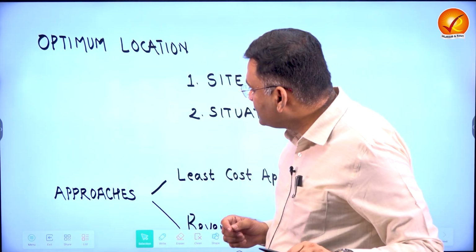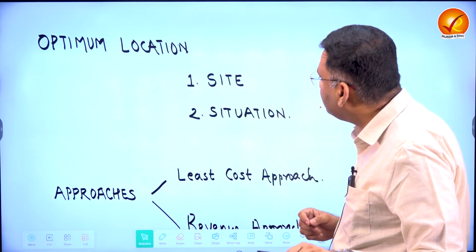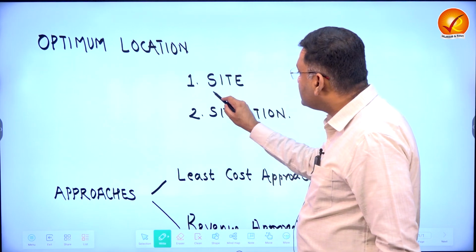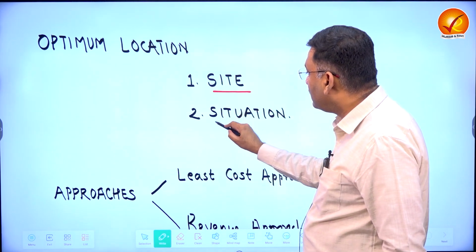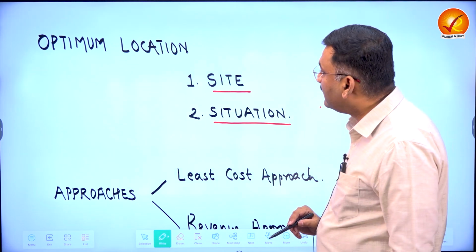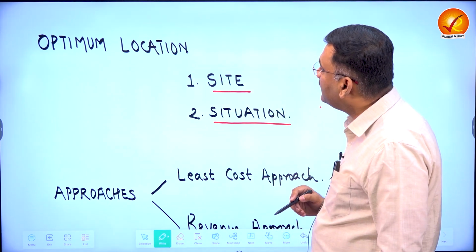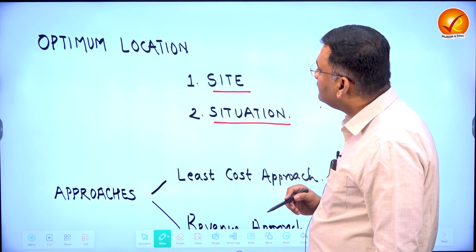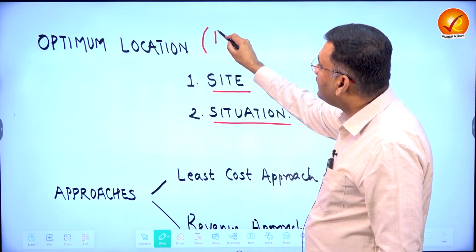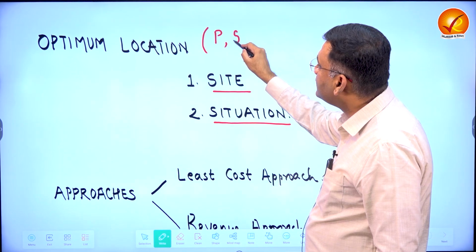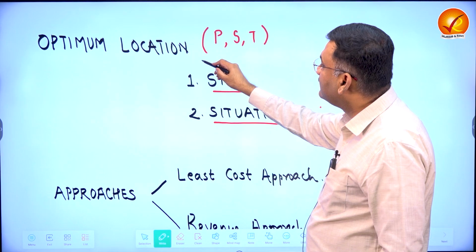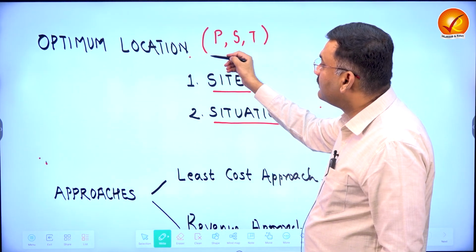Optimum location of any economic landscape depends on two things. One is the site of that economic landscape, and second is the situation. You can apply this to any economic landscape, whether primary, secondary or tertiary activity, for example the optimum location of agriculture.